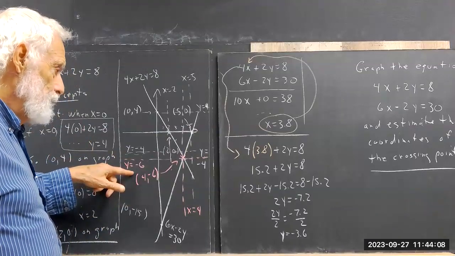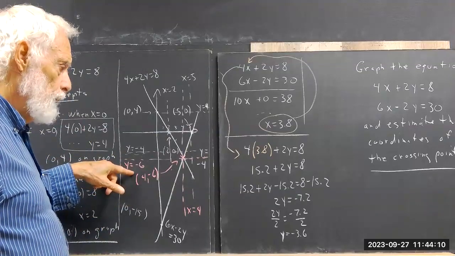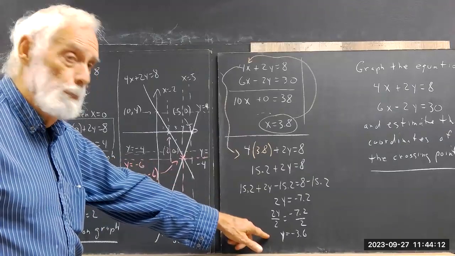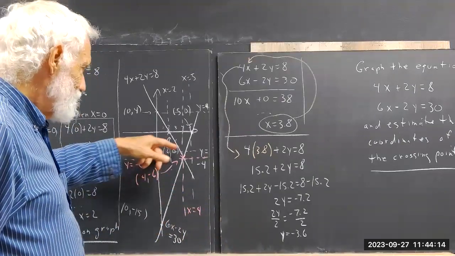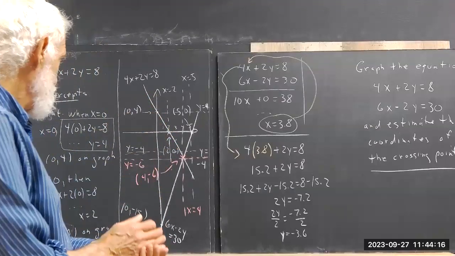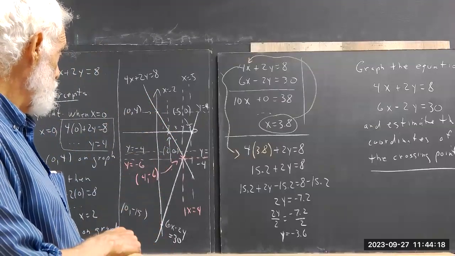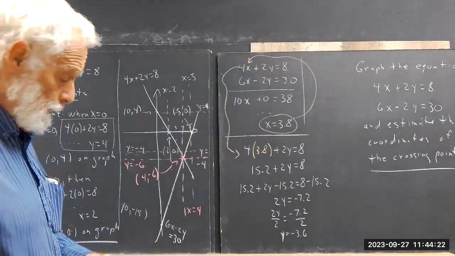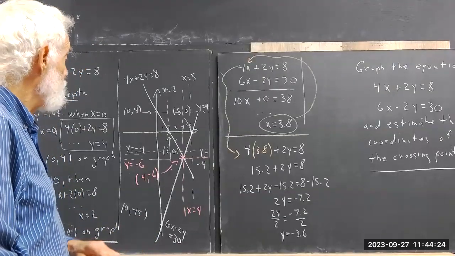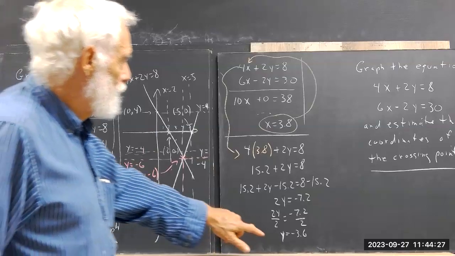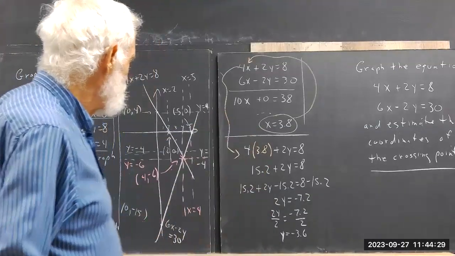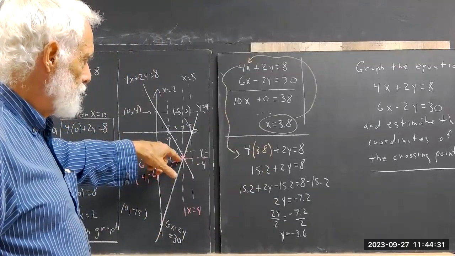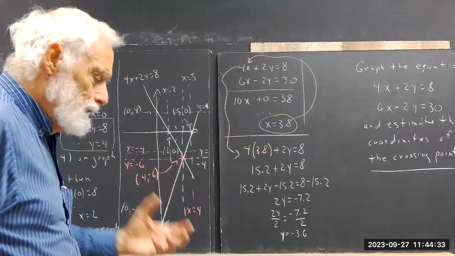Our estimate of negative 6 appears to be really pretty far off. y should be negative 3.6. So it's like it crosses here, and somehow we can't resolve that. My picture isn't great, but it's not that far off. But apparently it is. Anyhow, this solution doesn't agree great with this picture, but it doesn't agree that bad.